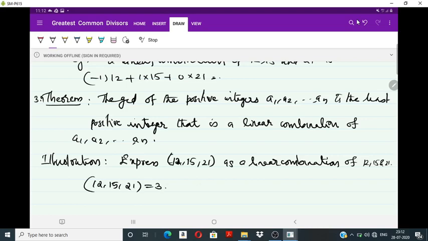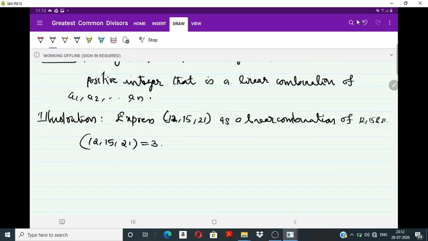Now we have to express 3 as a linear combination of these three numbers 12, 15 and 21. We can write simply it as 12 into minus 1 plus 15 into 1 plus 21 into 0.